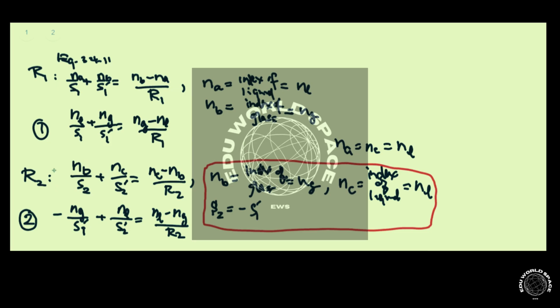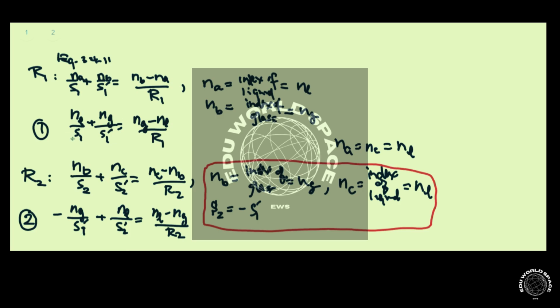Now we're going to follow the same steps that they did in deriving equation 19, and we're going to add equation 1 and equation 2. If I add equation 1 and equation 2, notice that I have a negative NG over S1 prime, and that will be added to NG over S1 prime. So this factor here will cancel out and go away from my equation.